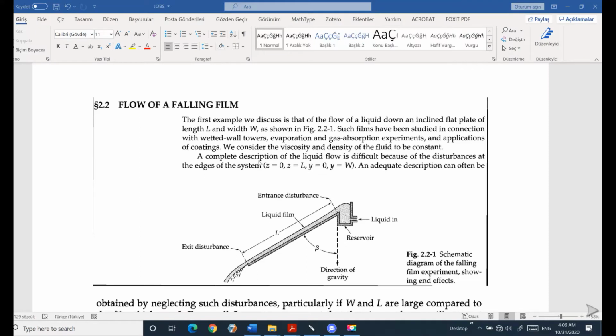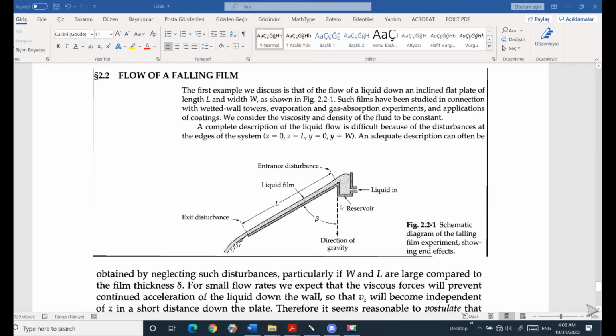As a second problem, we are going to consider the flow of the falling film. Let's consider the system, the entrance here, the exit here. The length of the flow is going to be L. The angle here is going to be beta. So this is the basic setup.